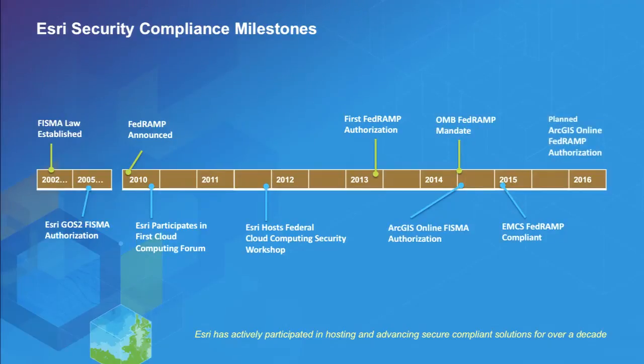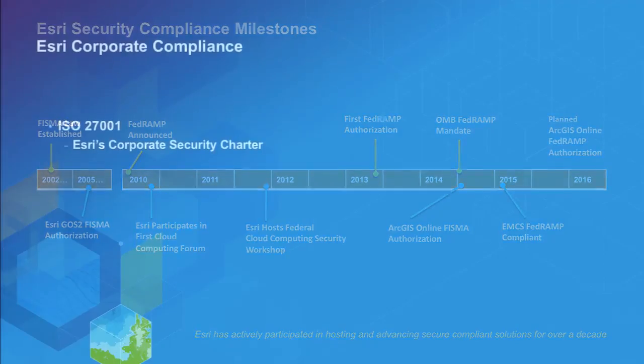We'll be working on transitioning from a FISMA authorization to FedRAMP for ArcGIS Online over the next year. The difference is FISMA was a law made in 2002, before there was a cloud. FedRAMP became a mechanism to reuse approvals amongst agencies more cost effectively.